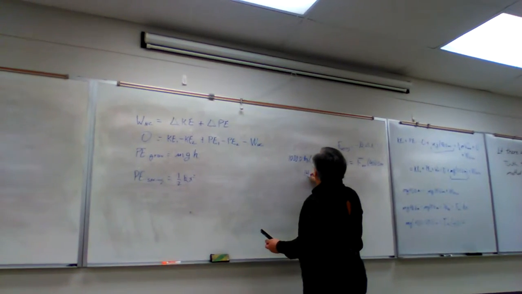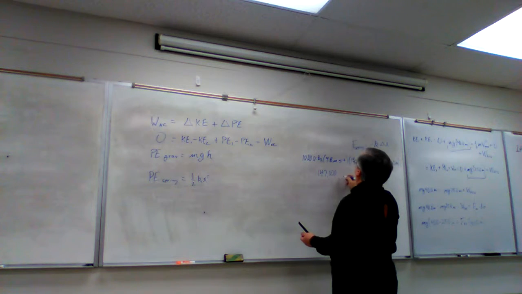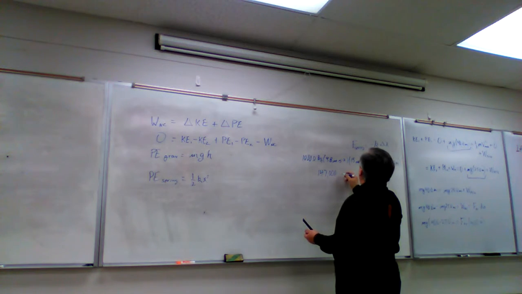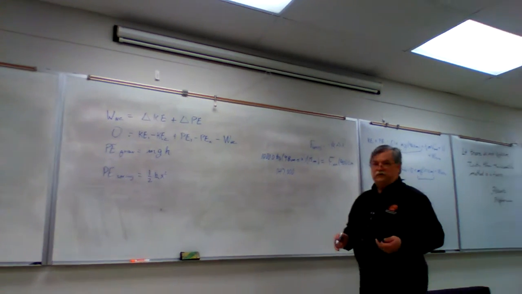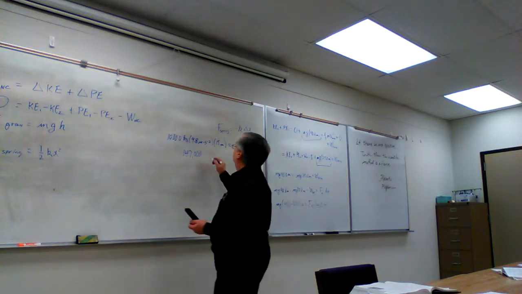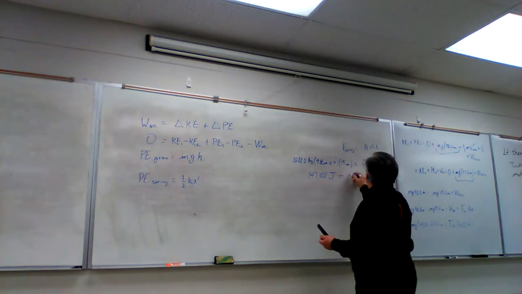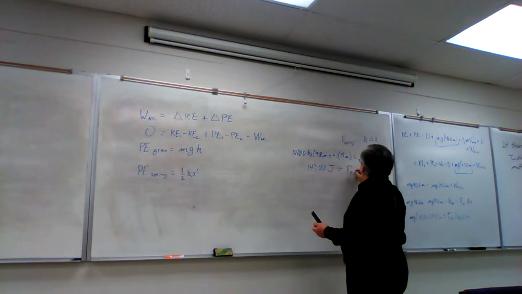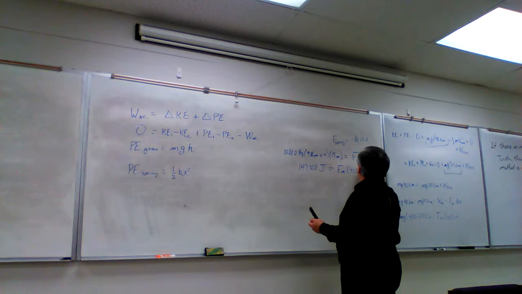Okay. 147,000. What is that? Kilograms, meters squared per second squared? Joules is equal to the force of friction times 400 meters.